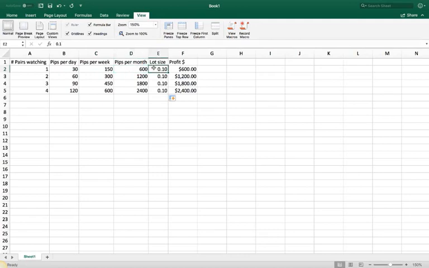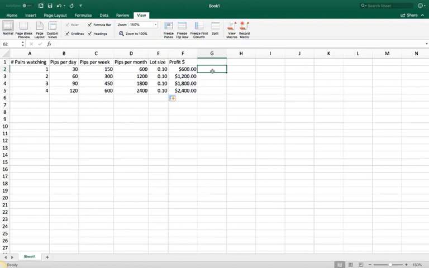And let's say you're trading at mini lot size, 0.1 lot size, because I don't know what your account sizes are, and everybody trades a different lot size. That would be a profit of $600 a month, just watching one pair, getting 30 pips on your setups every day.